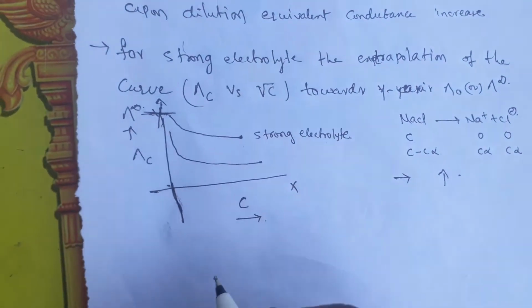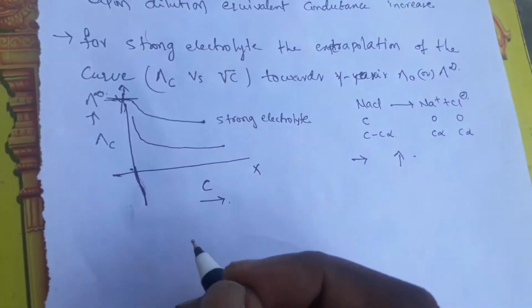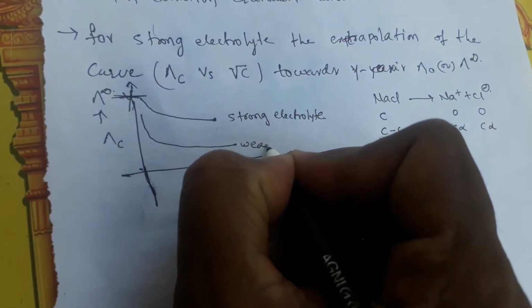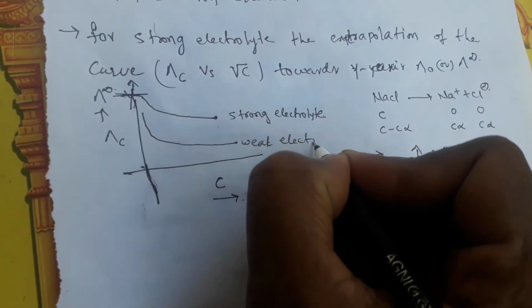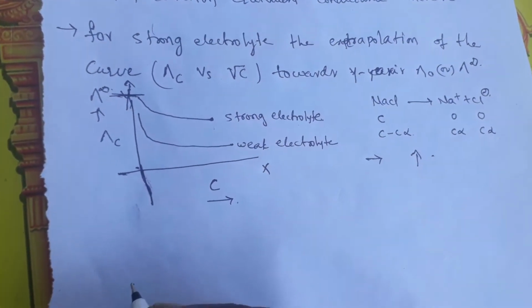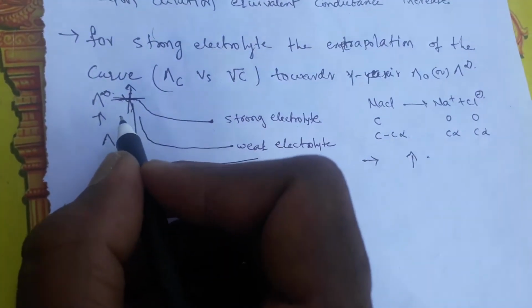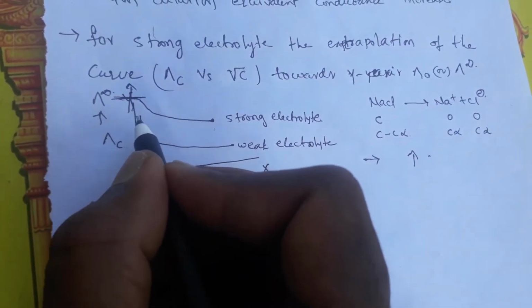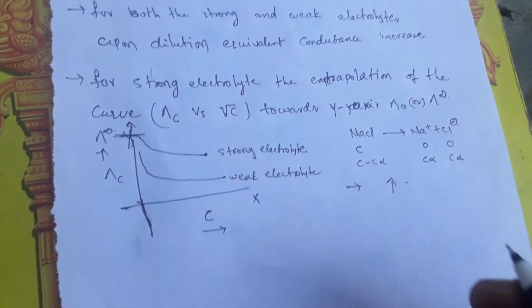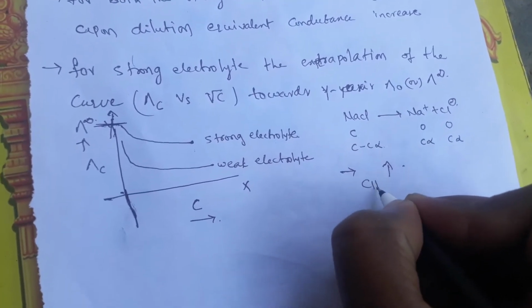For the strong electrolyte, we can find the conductance at infinite dilution, but for weak electrolytes we cannot, because a weak electrolyte cannot dissociate completely.